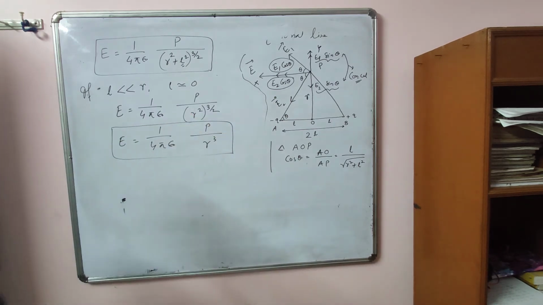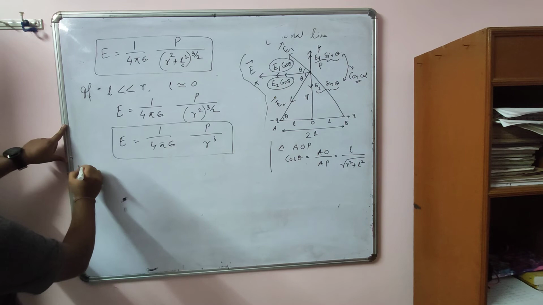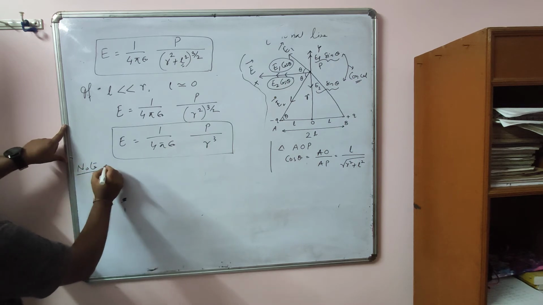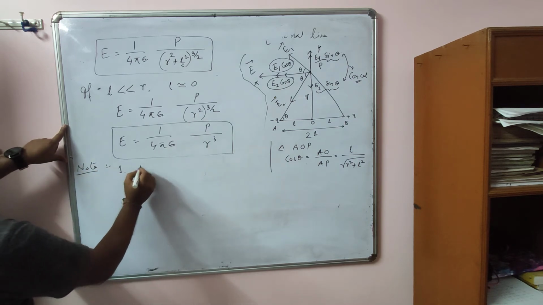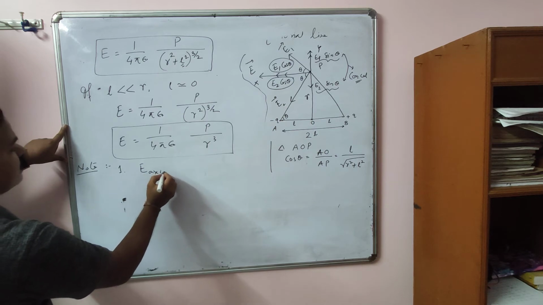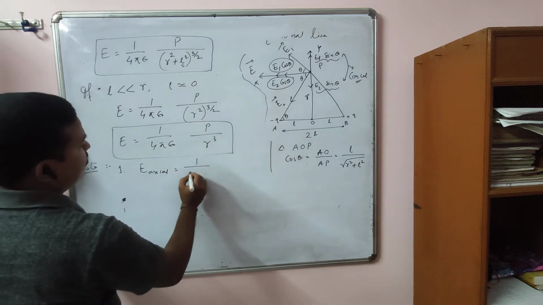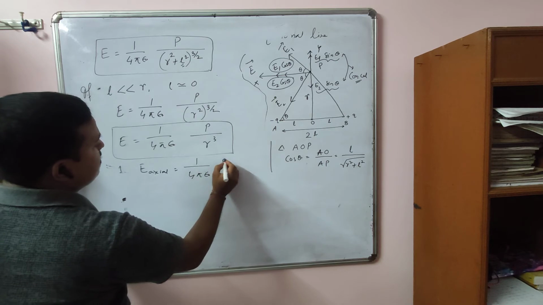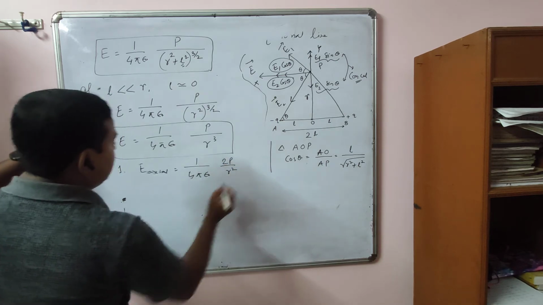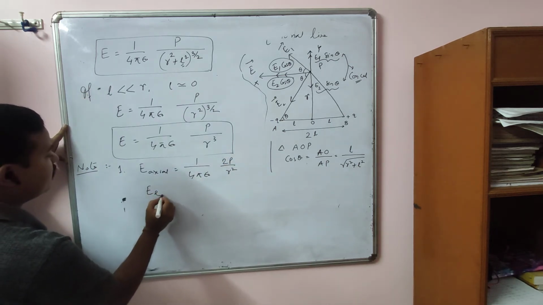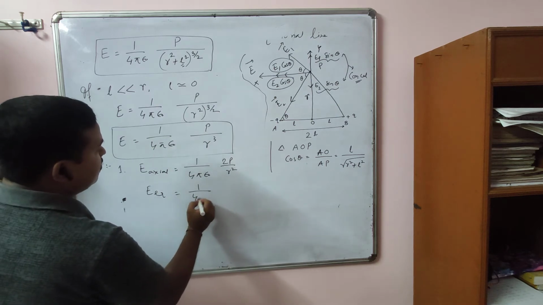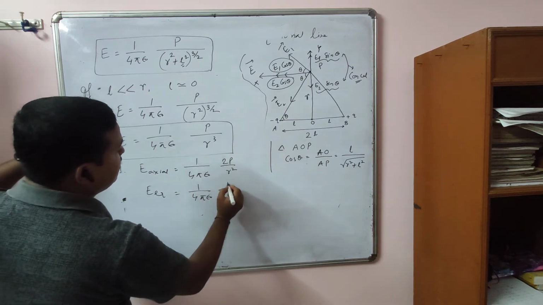Now you can see, if you see the expression for axial line, what will we get? 1 by 4 pi epsilon, 2p by r cube. And for equatorial line, what will we get? 1 by 4 pi epsilon, p by r cube.